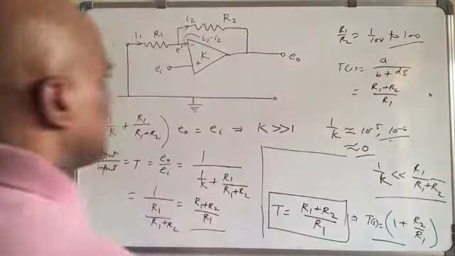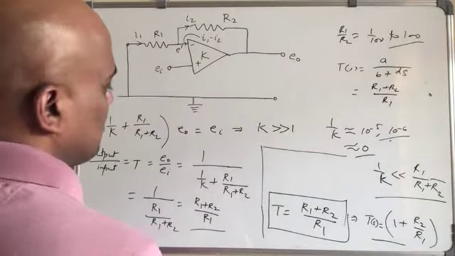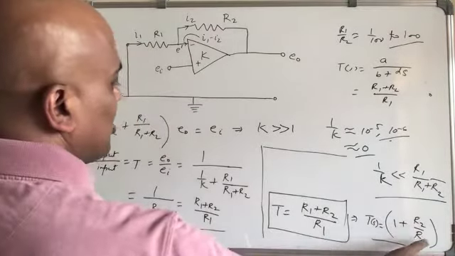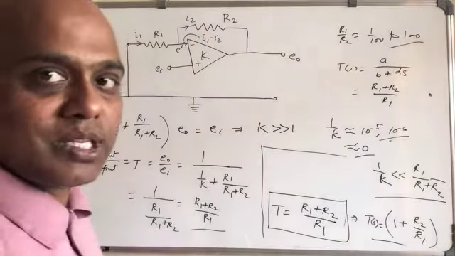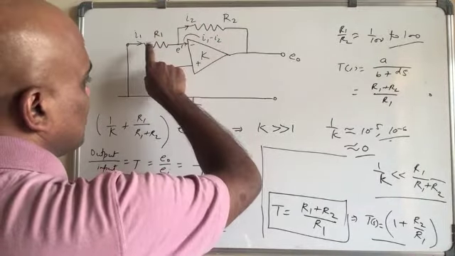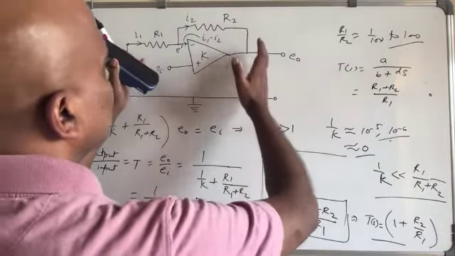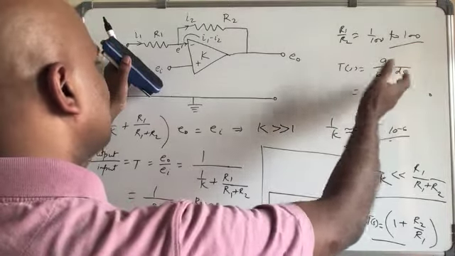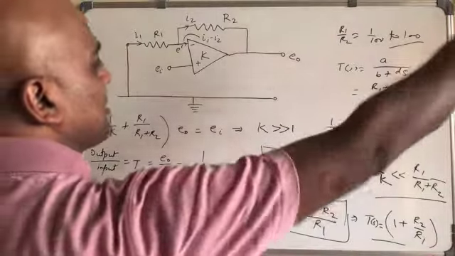What you see is, even if you have Z1, Z2 here, you can get a transfer function in terms of Z2 over Z1, but it is not as convenient as the earlier case. In the earlier case, the transfer function was Z2 divided by Z1 with a negative sign, and based on that you could do a lot of things. You can also stack one negative and another positive and multiply them together.